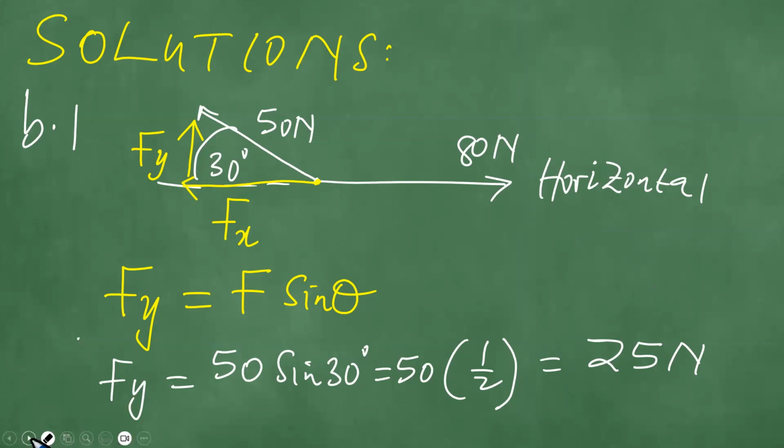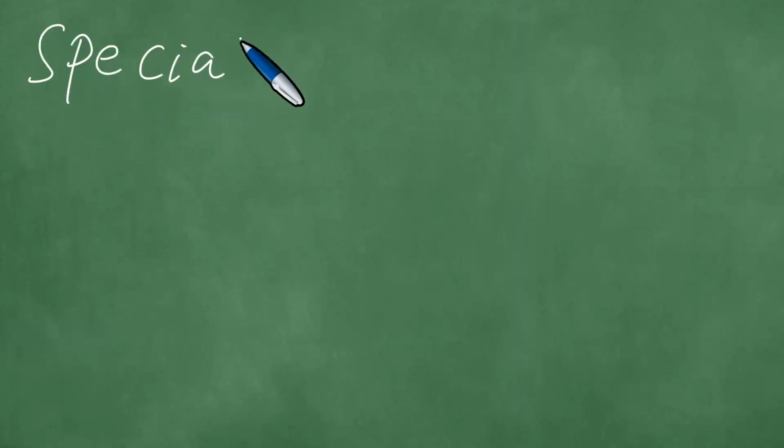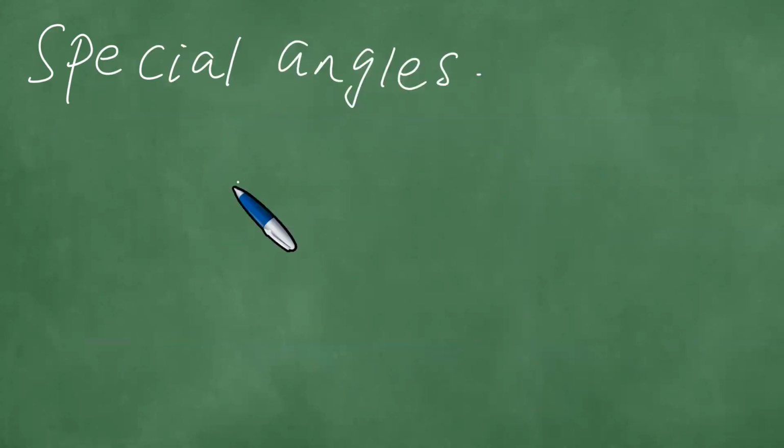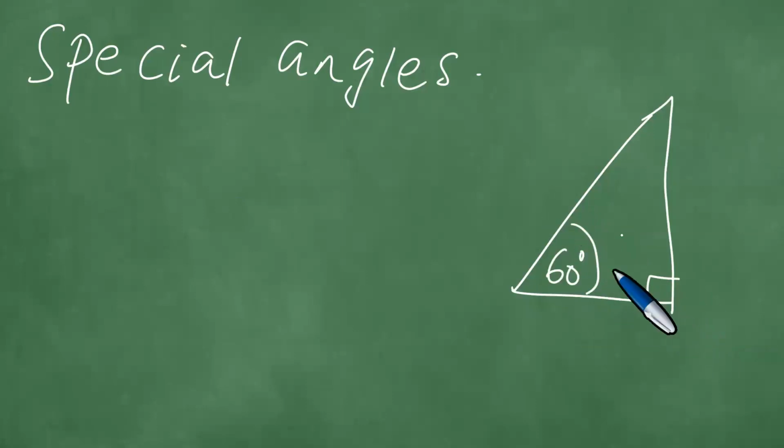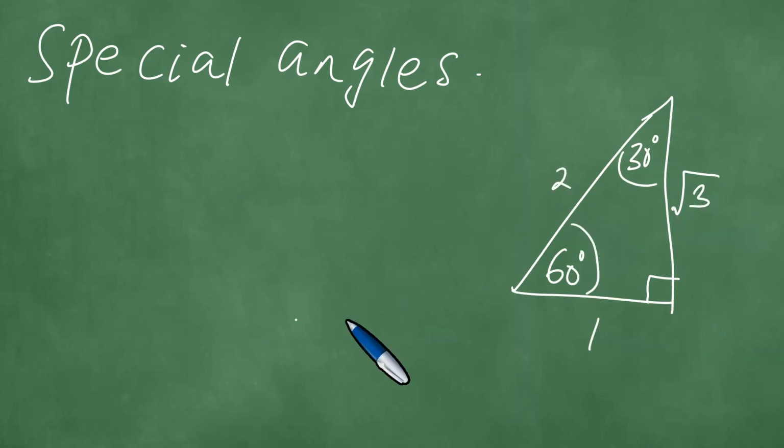For example, just something to recall about the special angles. What are the special angles? If you have this, if this angle is 60 degrees, this one is 30 degrees. This side is going to be the square root of 3, 1, 2.